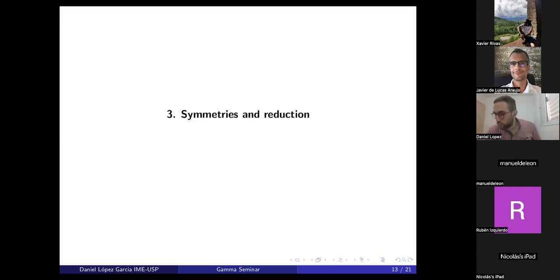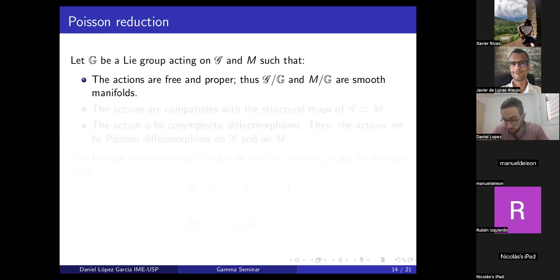Okay. Now I'm going to pass to symmetries and reductions. To talk about symmetries, I want to consider the classical case, if you want: a Lie group acting on the arrows and acting on the objects. I mention that this is classic because we can think in a more general context.